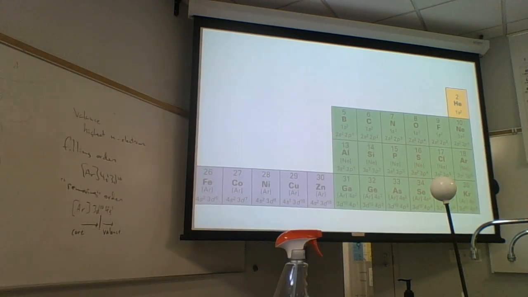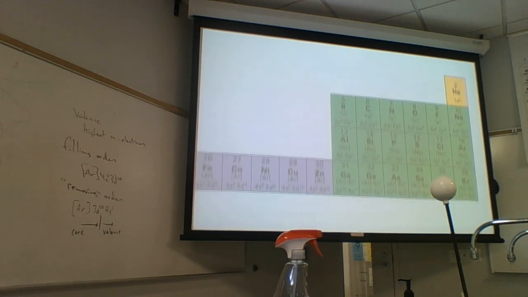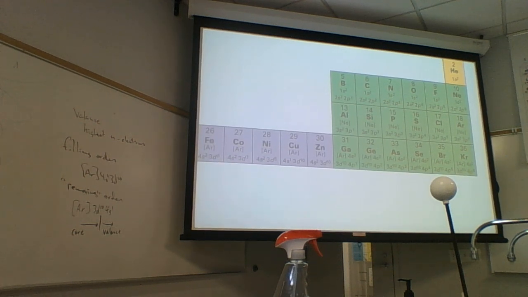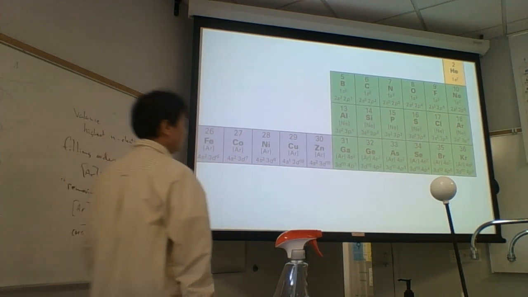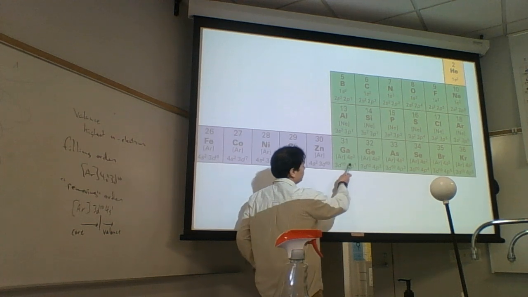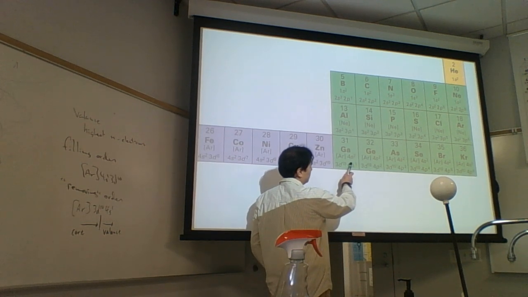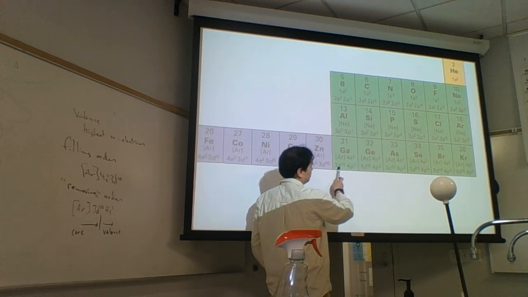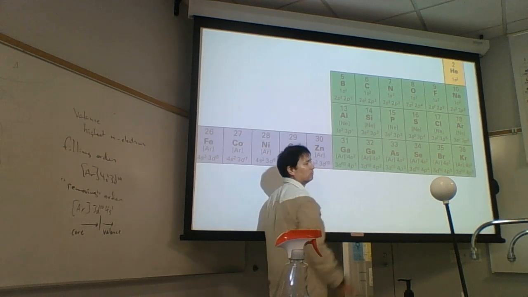Let's go down to gallium. If we go down to gallium, how many valence electrons do we have? Well, the fourth shell is not full. The fourth shell is going to have 4s2, 3d10, 4p1.